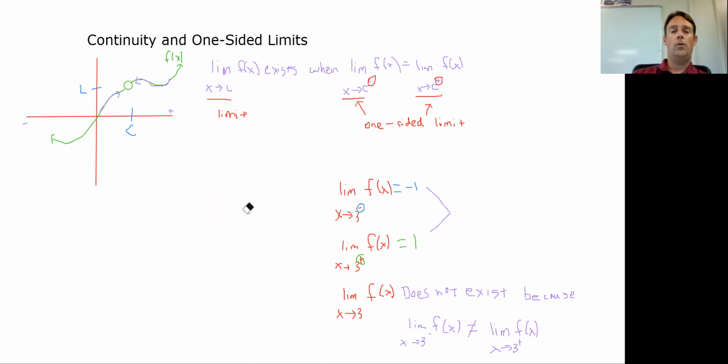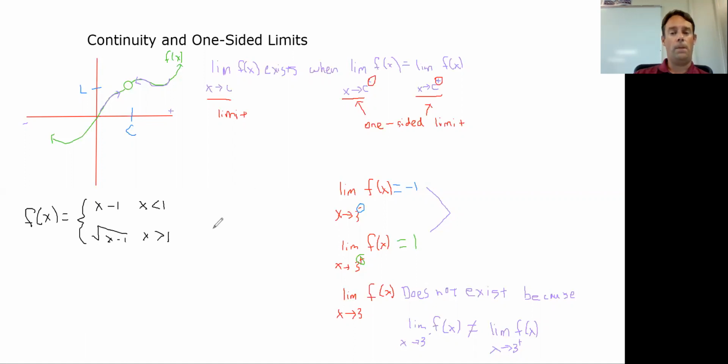What if I give you something like, oh, let's let f of x be equal to, not absolute value, I lied, piecewise, where the one piece will be x minus 1, and that's when x is less than 1. And the square root of x minus 1, and that'll be when x is greater than 1.